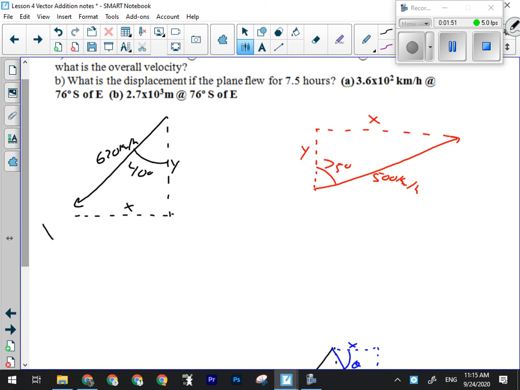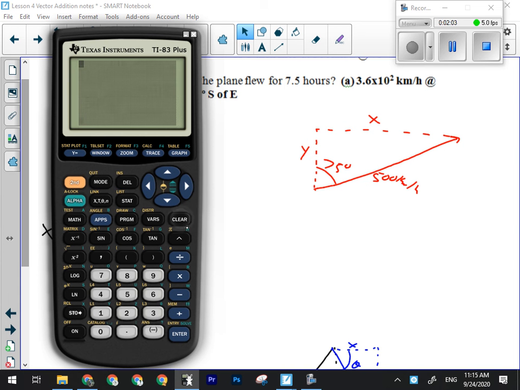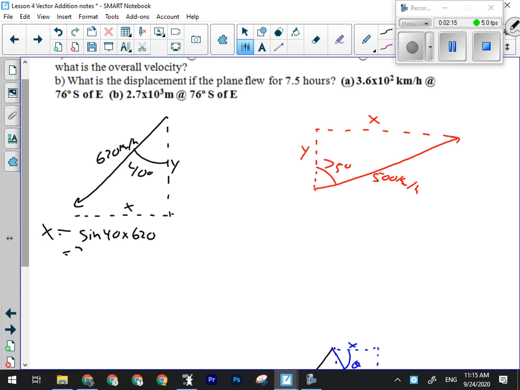So I'm going to solve for black x. It's the opposite side here, so that'll be the sine of 40 degrees times 620. Sine of 40 times 620 is 398.528 kilometers per hour west.